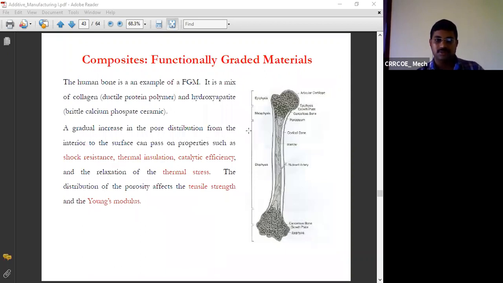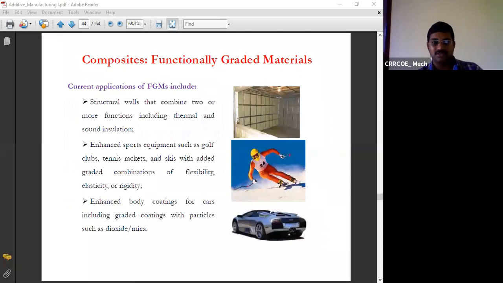These particular functionally graded materials have been adapted for bones, a medical application. Functionally graded materials are used in different applications: racing, cars, the automobile sector, and cold storage.